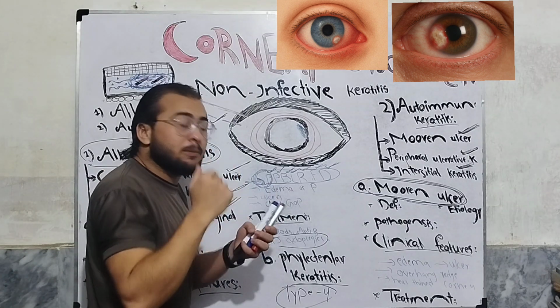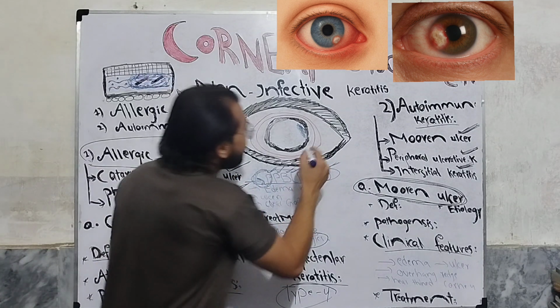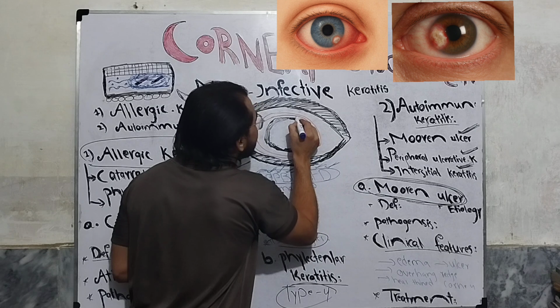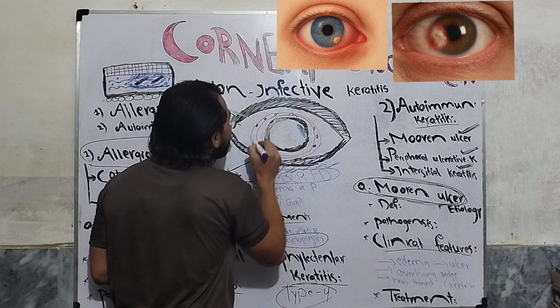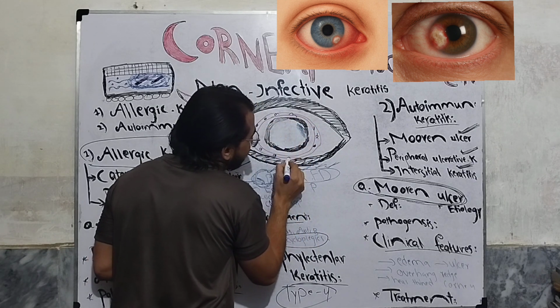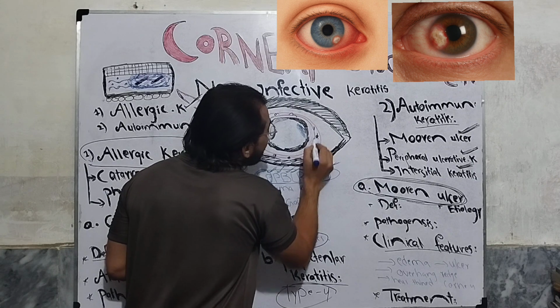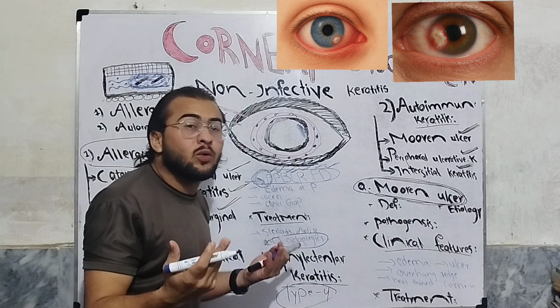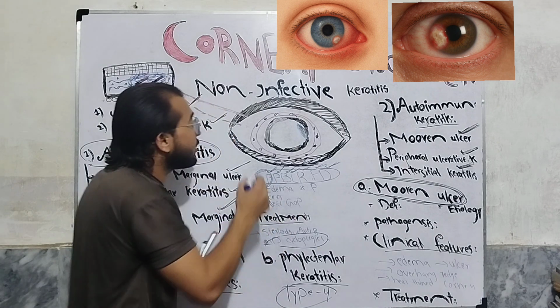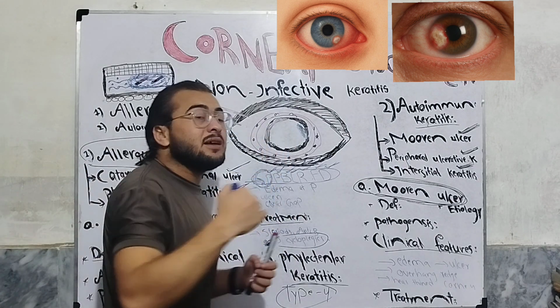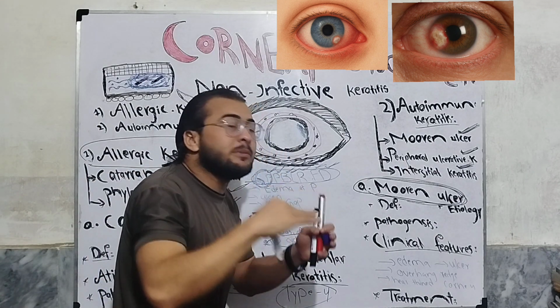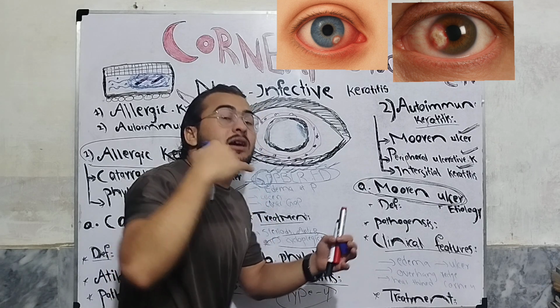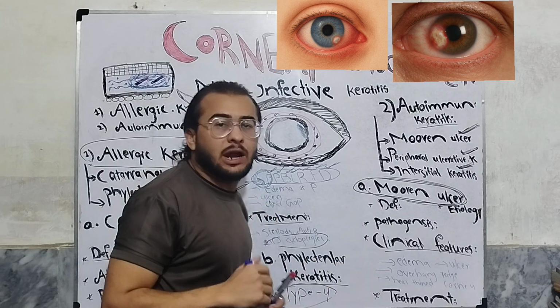Okay, so what is happening in the pathogenesis is that, first of all, immune complexes will deposit in this limbal vasculature, and it will cause limbal vasculitis. I told you before that we do not know the exact source of these immune complexes. It is mainly idiopathic. So these immune complexes start with inflammation of the limbal vasculature, called limbal vasculitis.